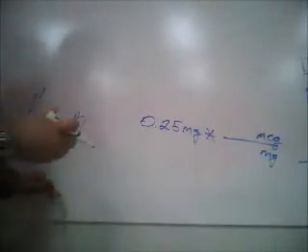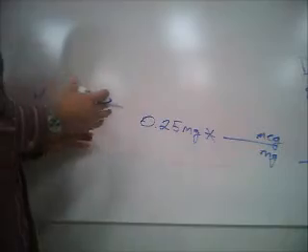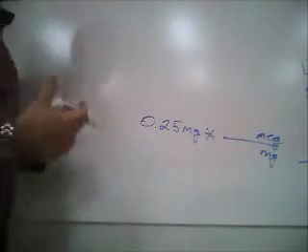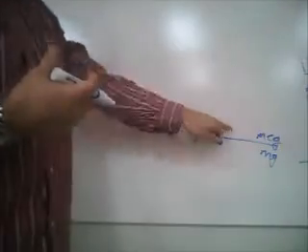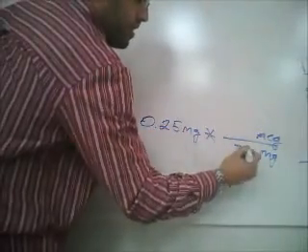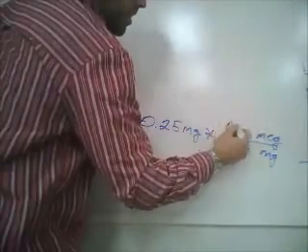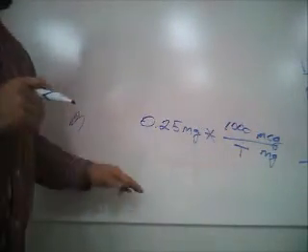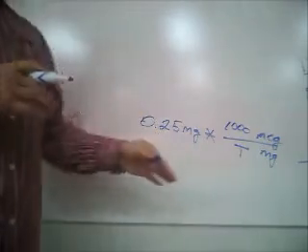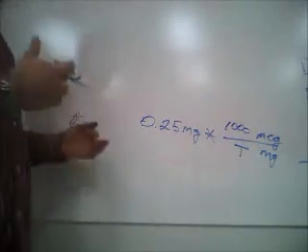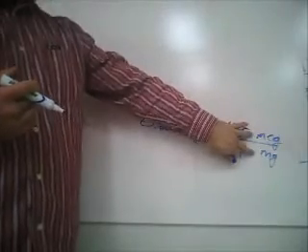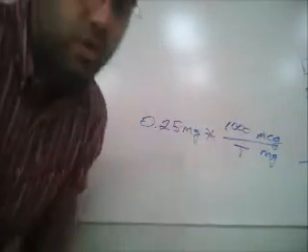And remember, how we did it today in class is you have the numbers that just go with that. They're never going to change. It's always going to be 1 milligram with 1,000 micrograms. Now, if we were going milligrams to grams, then grams would have 1 and milligrams would have 1,000. But you have to see the conversion you're doing and determine which way you're going to go.